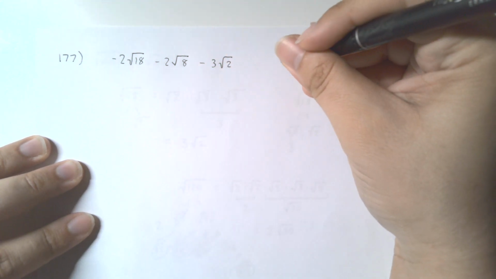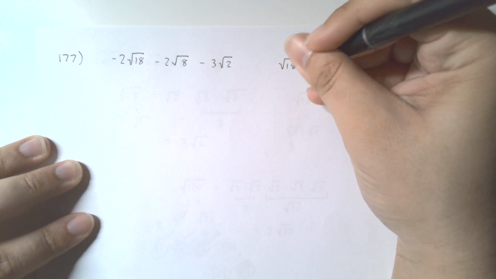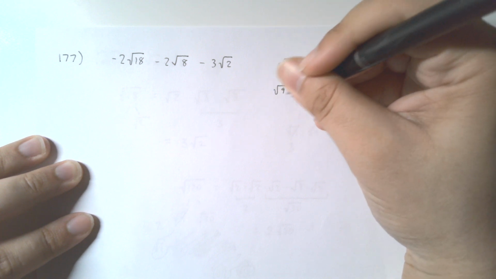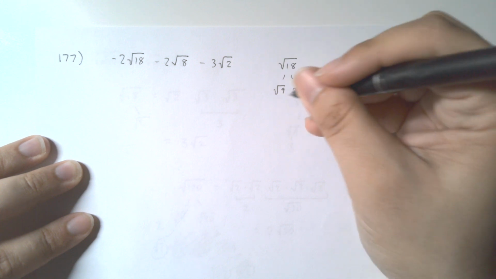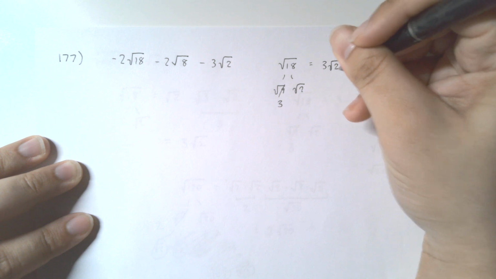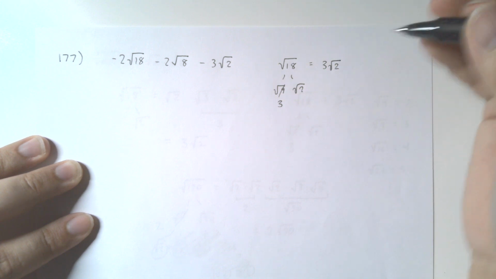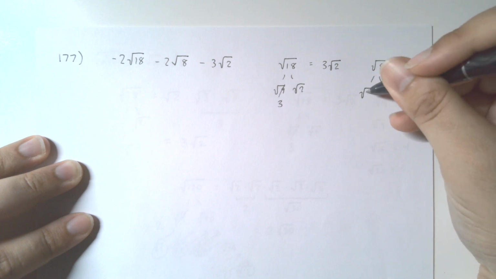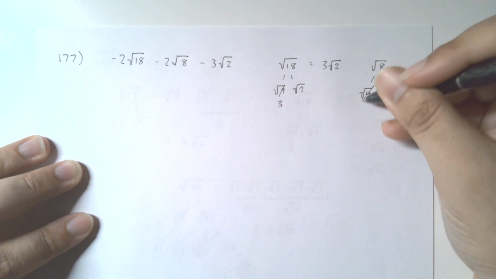So again, we can break up square root of 18 as the square root of 9 times the square root of 2. The square root of 9 is 3, so this one is 3 square root of 2. For the square root of 8, we have square root of 4 times the square root of 2.